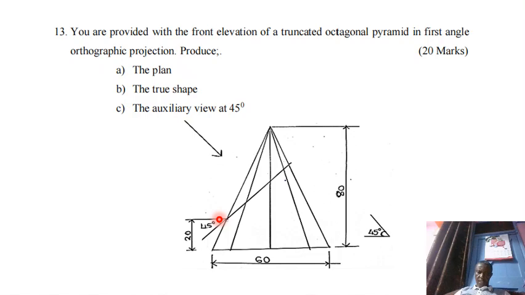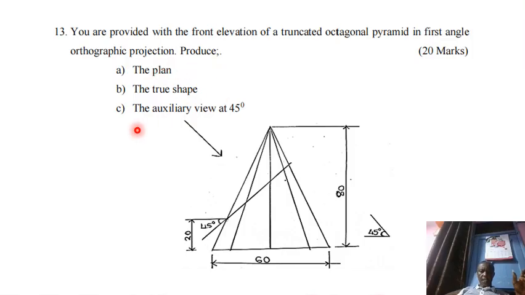Then from here, we now put an angle of 45 to the horizontal, and this cutting is what we are now going to project, maybe either on this side or on the upper side, to be able to get the true shape.